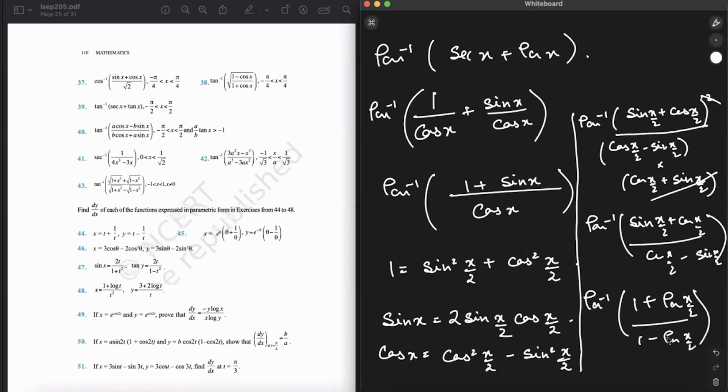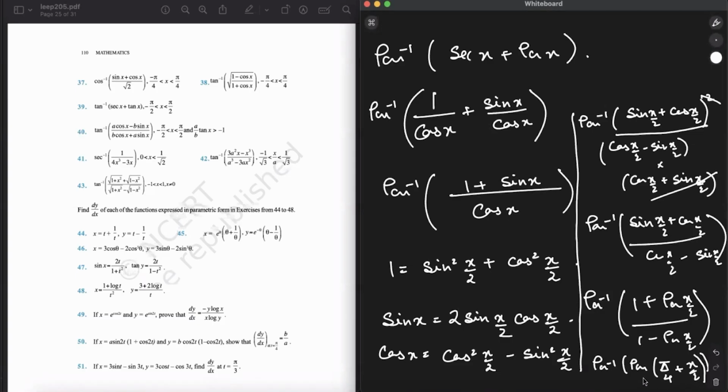If you can recall the formula, I can write this as pi by 4. Tan of pi by 4 plus x is tan pi by 4 plus tan x over 1 minus tan pi by 4 into tan x. So we can write it as tan inverse tan of pi by 4 plus x by 2.